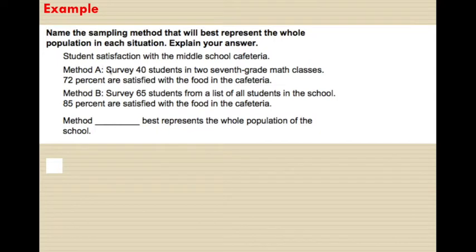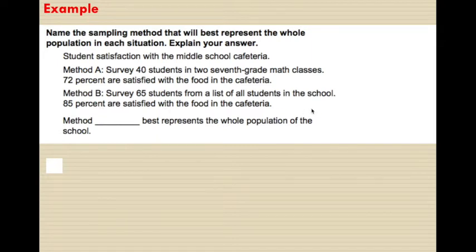In this case, student satisfaction with the middle school cafeteria. A survey is being conducted related to that matter. Using method A, survey 40 students in 2 7th grade math classes, and the outcome is 72% are satisfied with the food in the cafeteria. And using method B, survey 65 students from a list of all students in the school, and the outcome is 85% are satisfied with the food in the cafeteria.